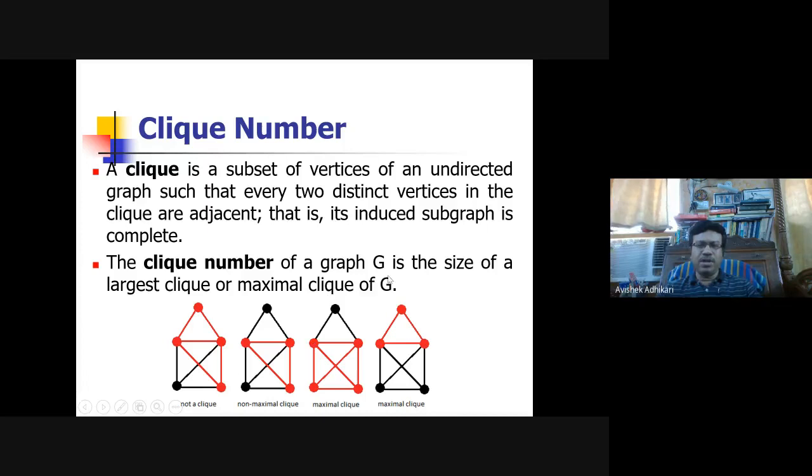But clique number is the size of the largest clique, or the maximal clique. So here you have a clique of size 3, you have a clique of size 3, and here you have a clique of size 4. So the clique number for this graph is basically 4, and so on.